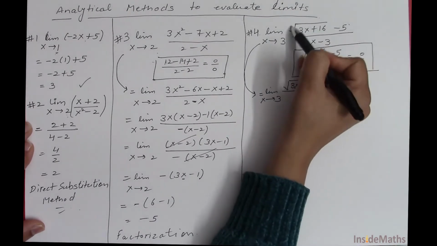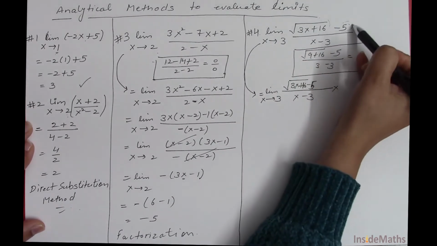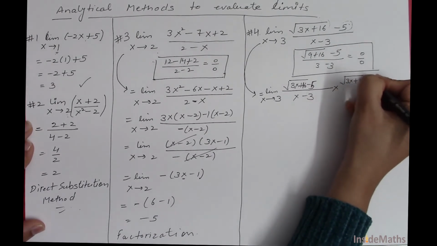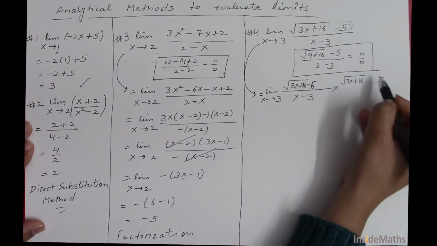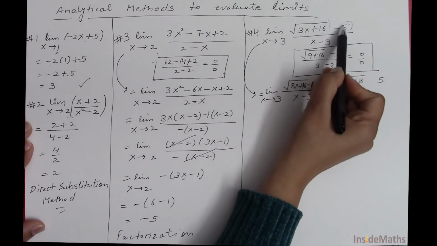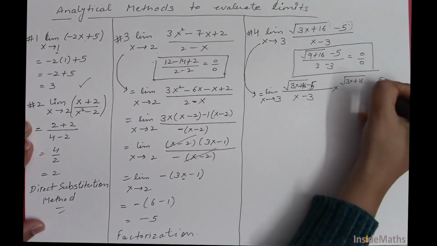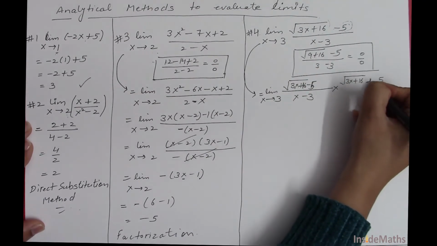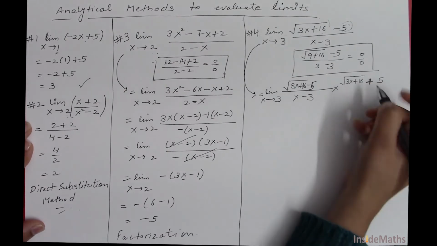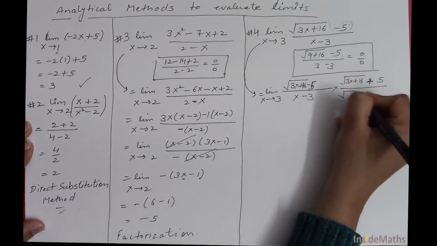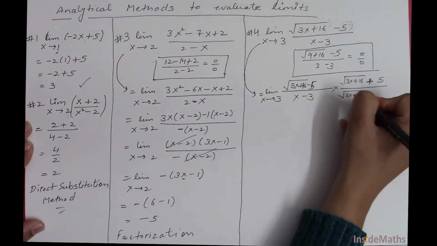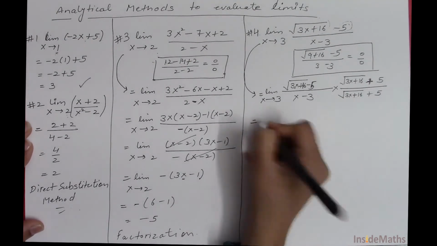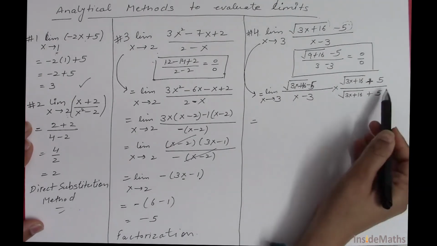Suppose this is the first term, this is the second term. I'll write the first term, root of 3x plus 16, and the second term. Whatever the sign is here, I'll change the sign. If here is negative, then in the conjugate the sign will be positive, and in the denominator also the same term. Now I have to simplify this expression.